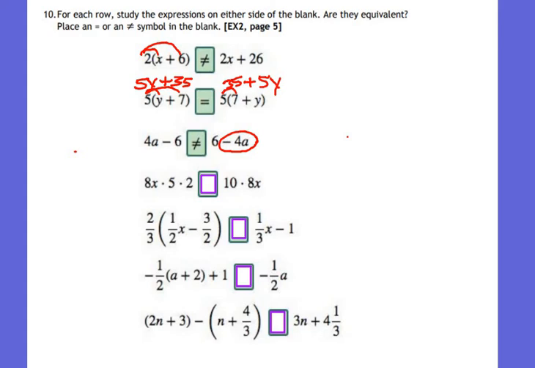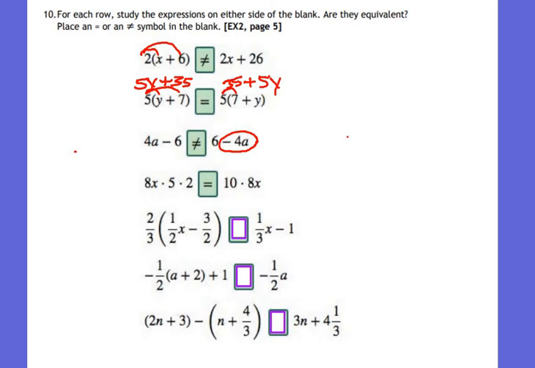All right, let's see if we can do the next one in our head. Looks like the 8x's match up pretty good. Then I have a 5 times 2, so does that match? Yes. I believe it does. I got some ugly fractions, but I'm just multiplying fractions, so I could probably manage that. 2 times 1 is 2. 3 times 2 is 6.